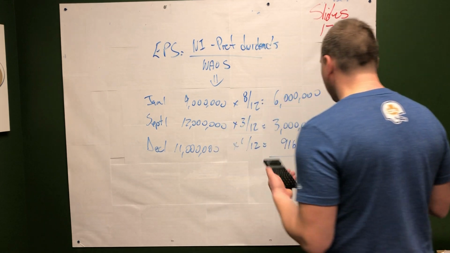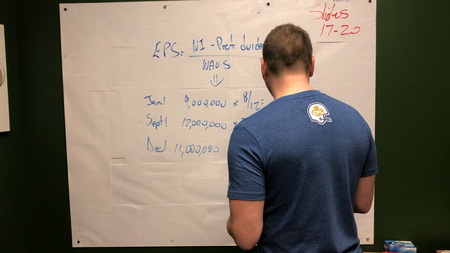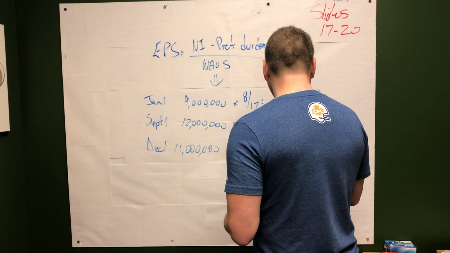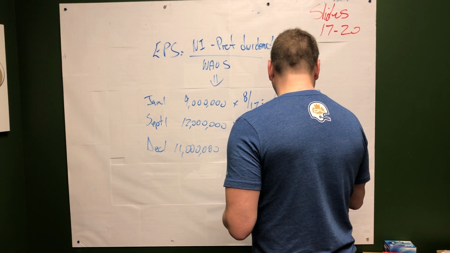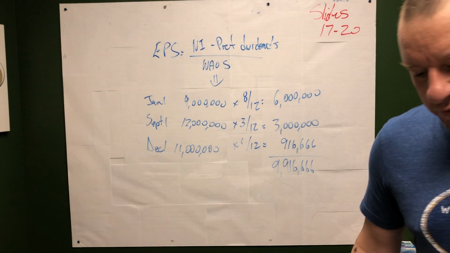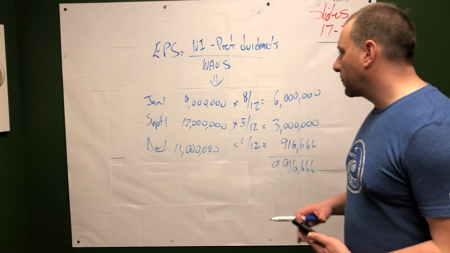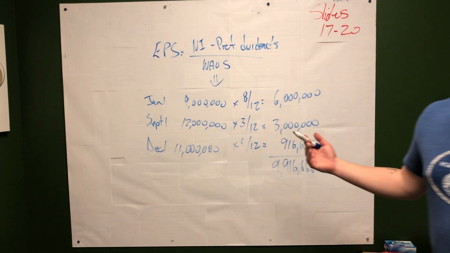Okay. So again, you calculate that out, and we get a weighted average of outstanding shares of 9,916,666.